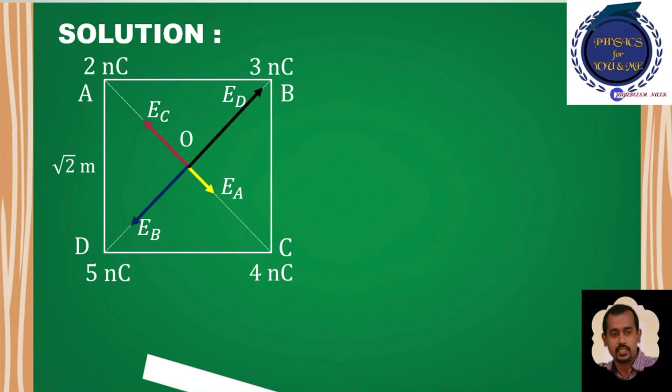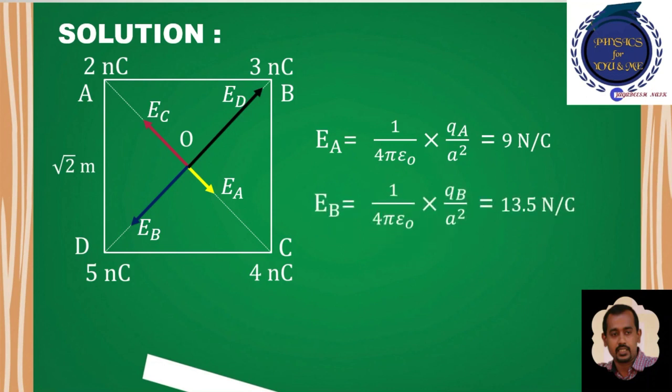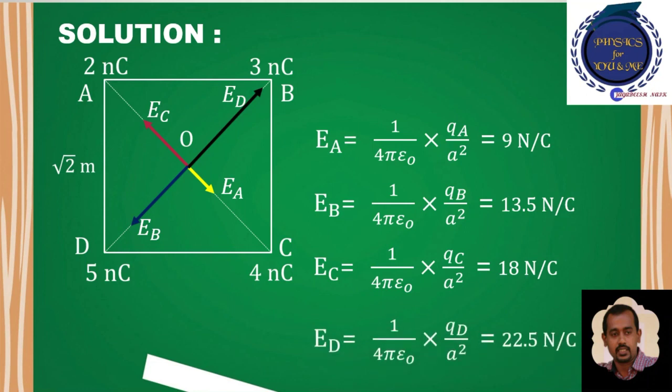Now let us calculate the values of EC, ED, EA and EB one by one. EA will be equal to 9 nanocoulomb, EB will be equal to 13.5 nanocoulomb, EC is equal to 18 nanocoulomb, and ED will be equal to 22.5 nanocoulomb.